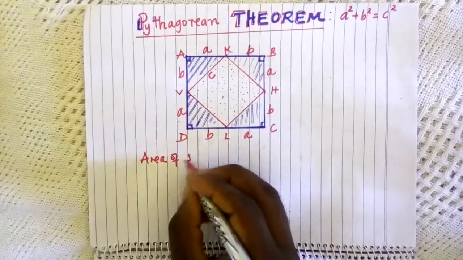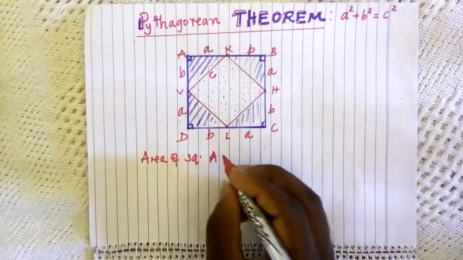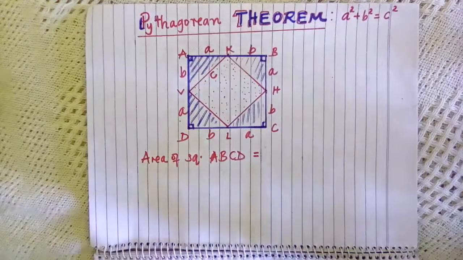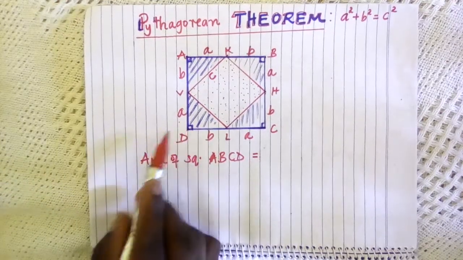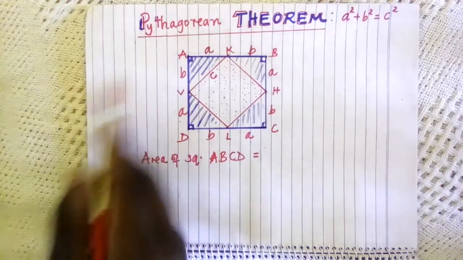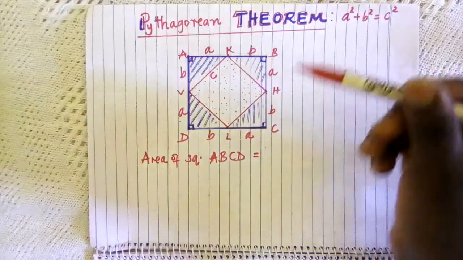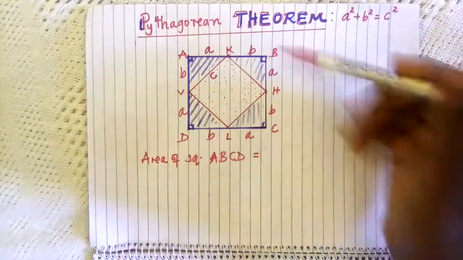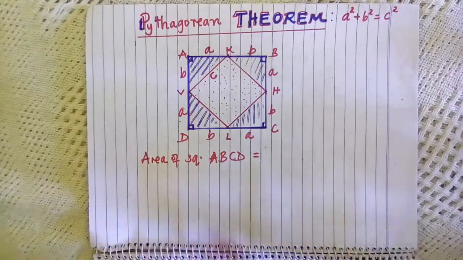From point D to point A, this length is AB, and it is equal to all the other lengths, BC and DC, because the sides of a square are always equal.